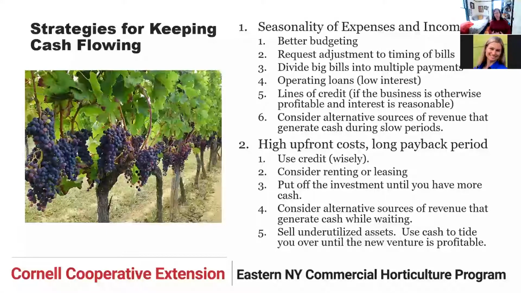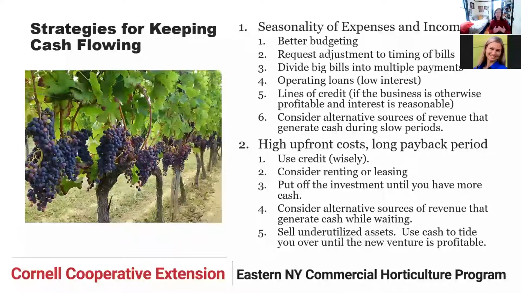A lot of creditors and lenders and others, especially those who work with farm communities and seasonal farms, understand this, and many of them will work with farms around that. Using loans can be really important because then you guarantee that you have that cash available.